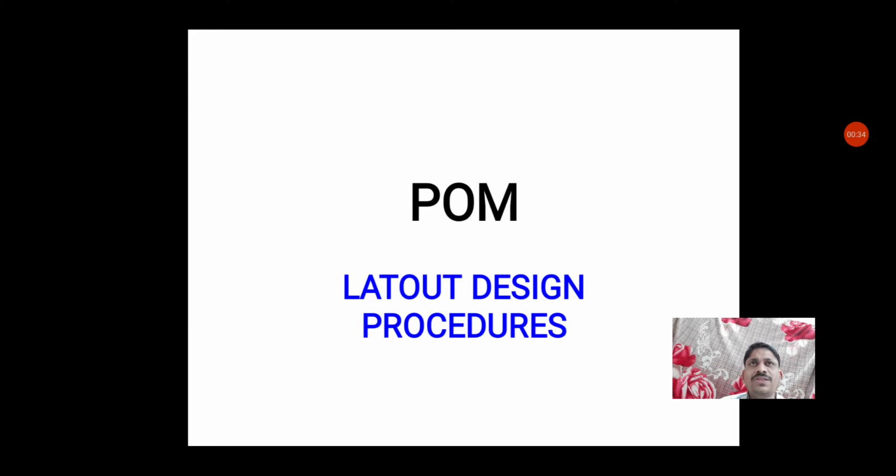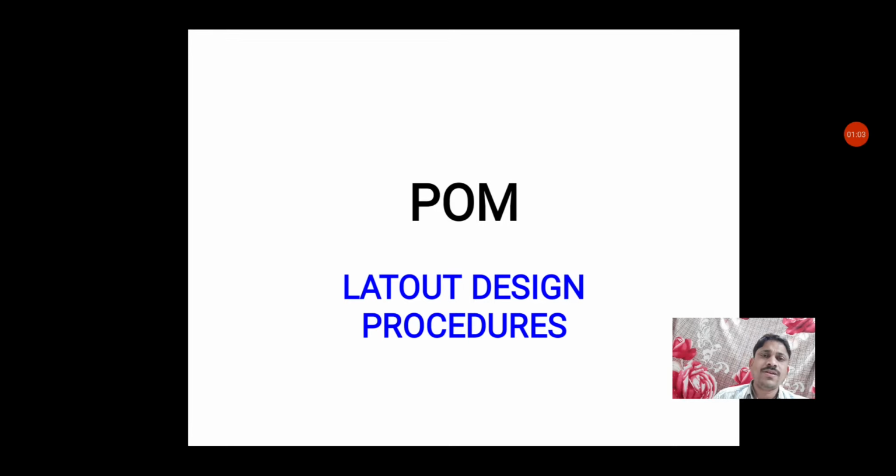The machineries or various departments in any manufacturing unit are to be arranged in a way which reduces the overall cost of production. For that, the organization has to consider the best procedure to design the layout of the plant.